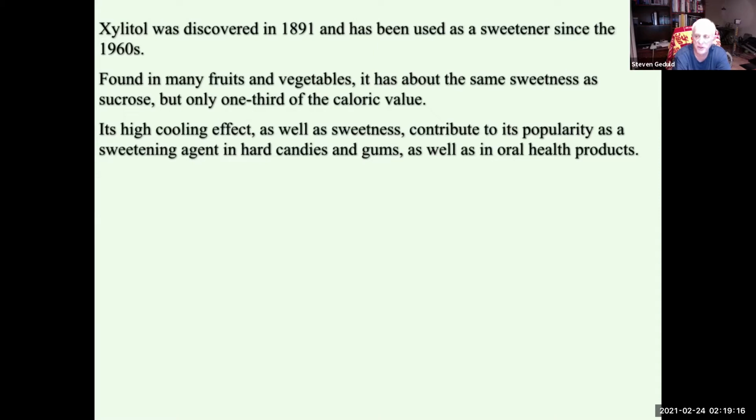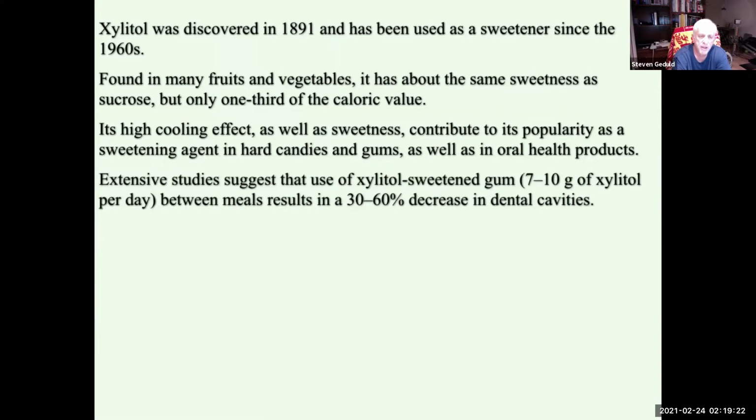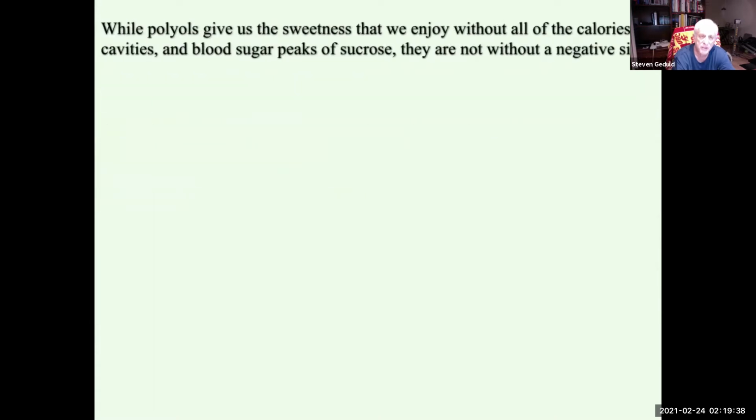A lot of dental chewing gum products use xylitol instead of sucrose. Extensive study says that use of xylitol between meals results in a 30 to 60% decrease in dental cavities. The xylitol is not metabolized by bacteria to produce lactic acid, so you're not getting dental caries from it.